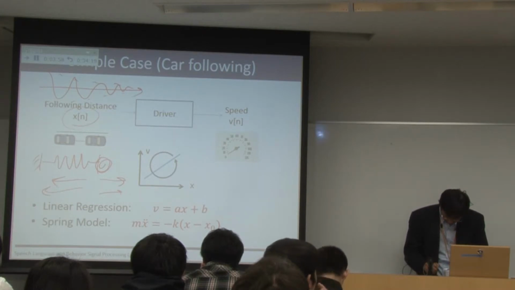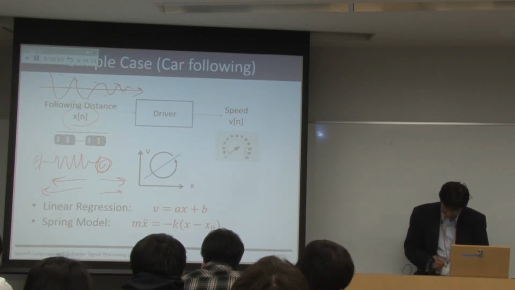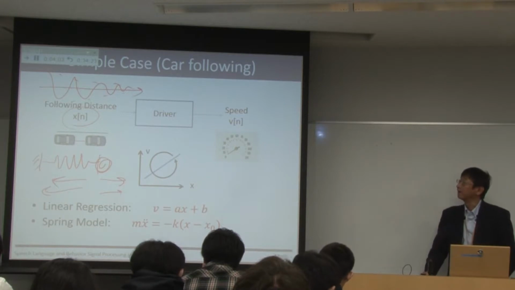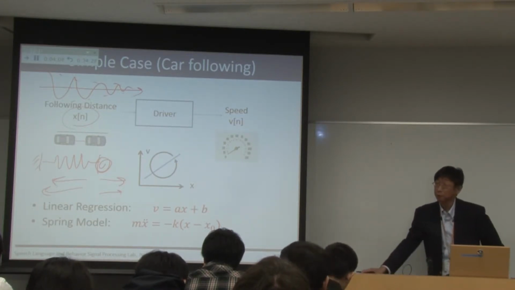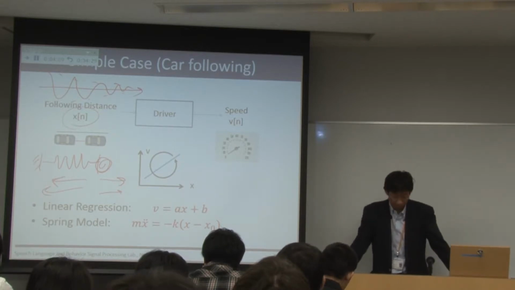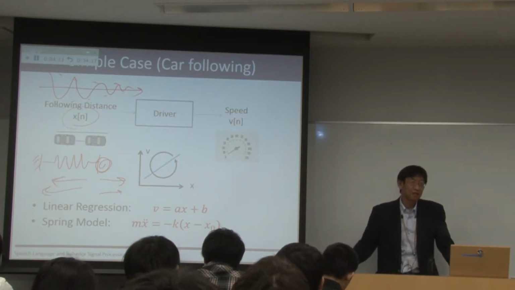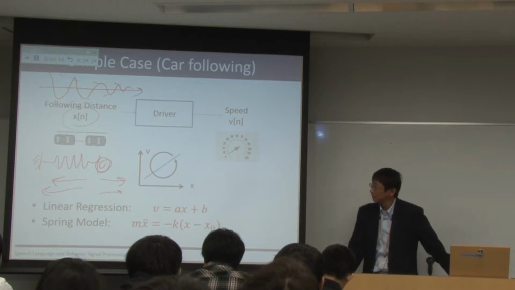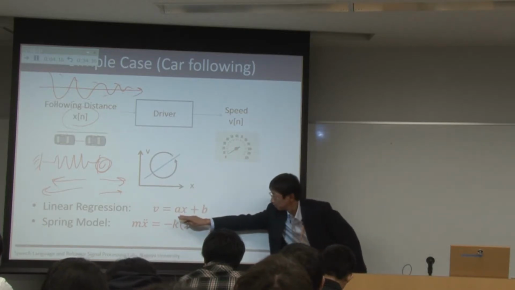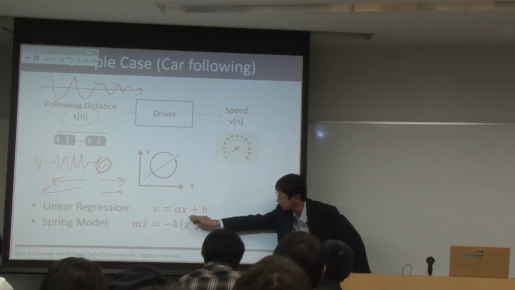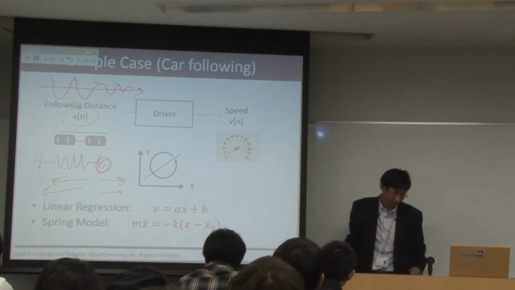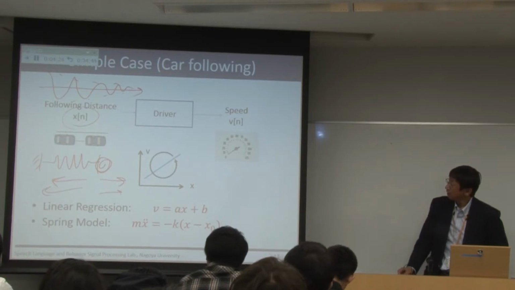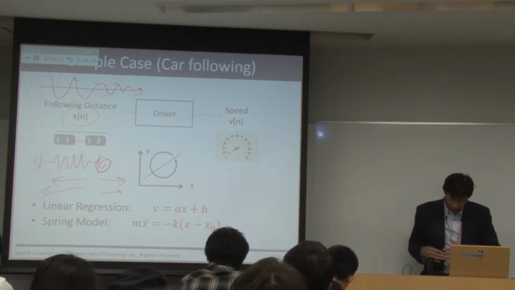So this is a very simple linear relation. You, as a student of the leading programs, probably studied linear regression: a linear relation between two variables like x and y.